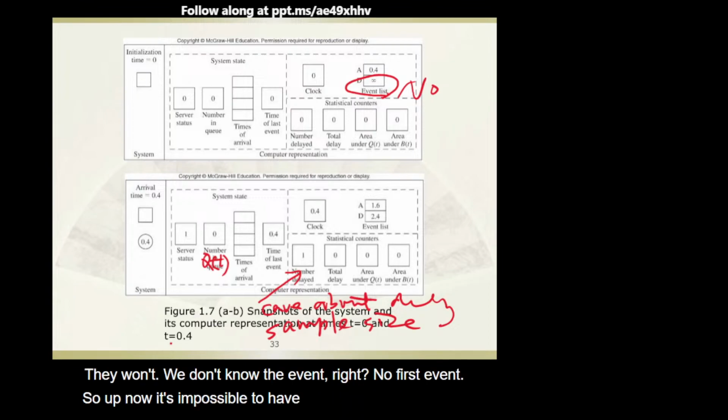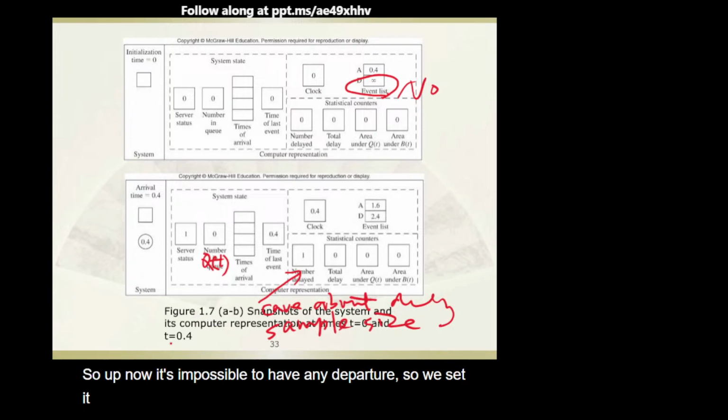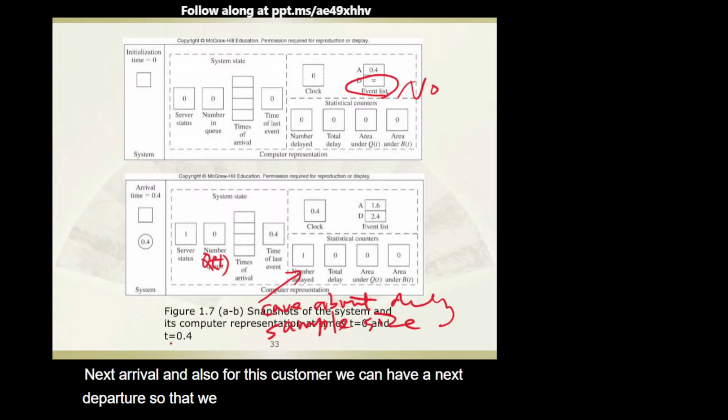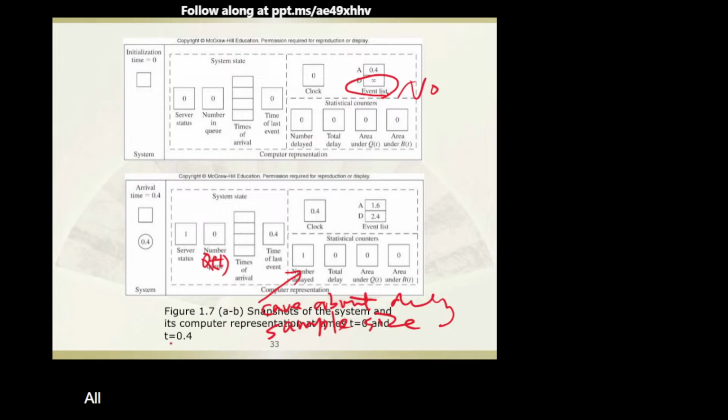So we set it to infinity. All right. But later, once we have 0.4, we can have the next arrival, and also for this customer, we can have a next departure so that we can replace infinity by 2.4. All right, so maybe some details, but the others I think are okay.